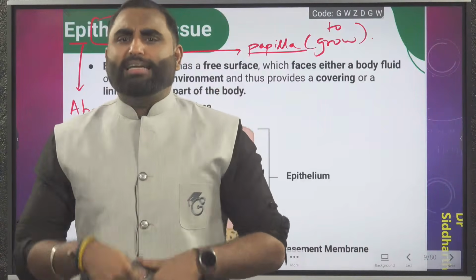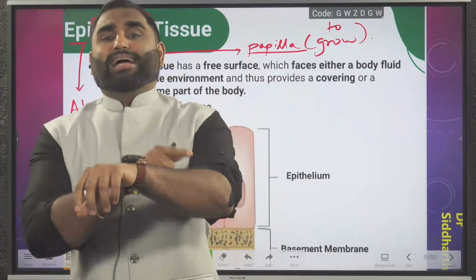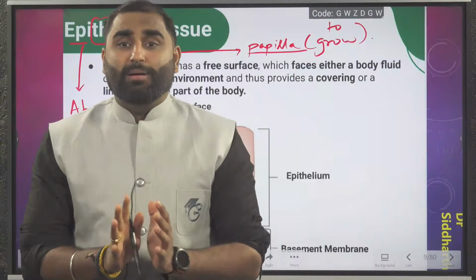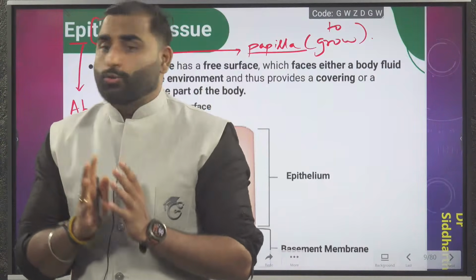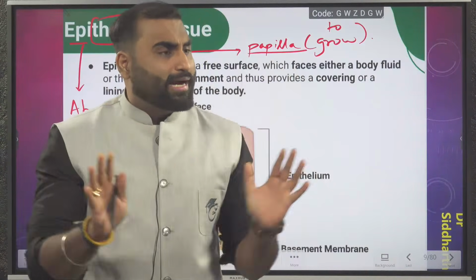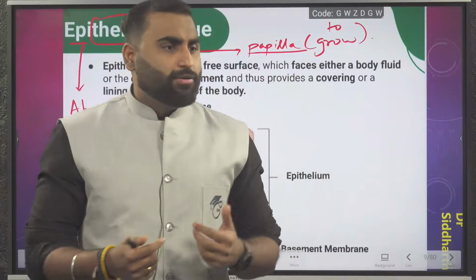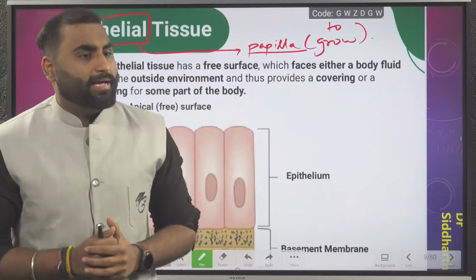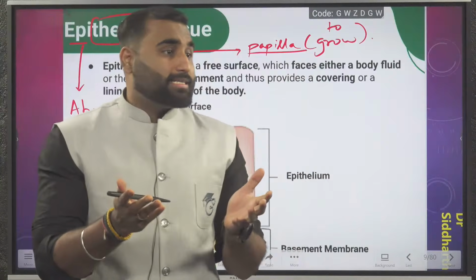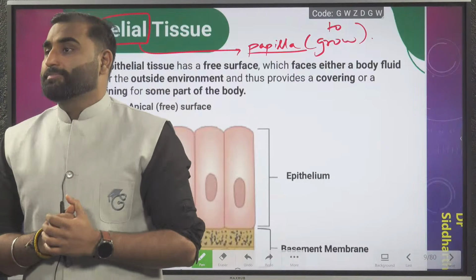So any cavities, tube or duct-like structures, or the external environment is lined by epithelial tissue. Are you getting me, guys? Thumbs up, thumbs down, give some response. Any doubts, please ask, related to this topic only.